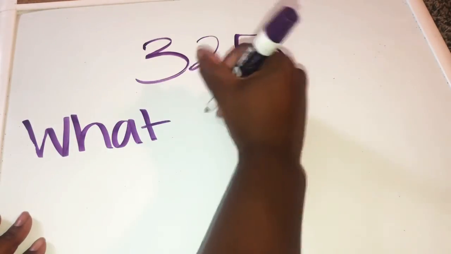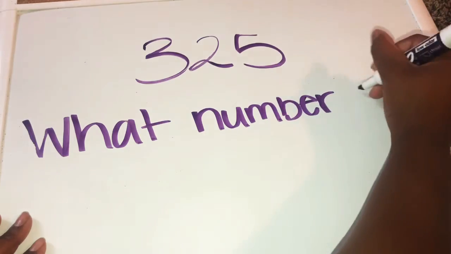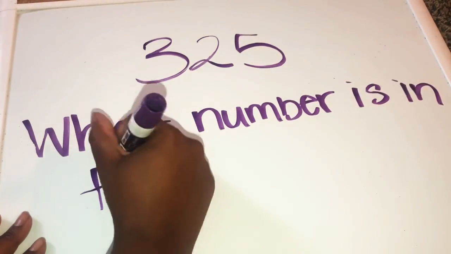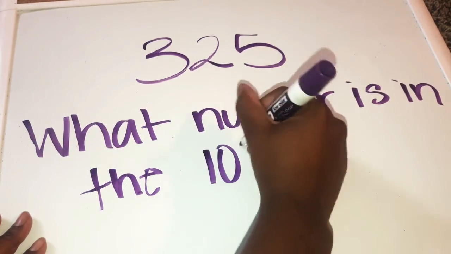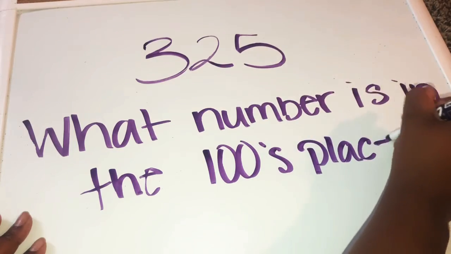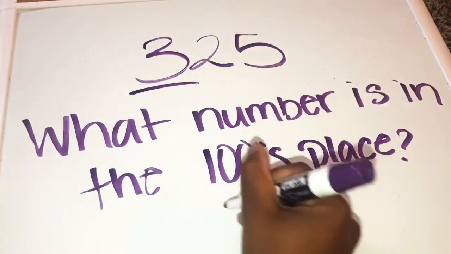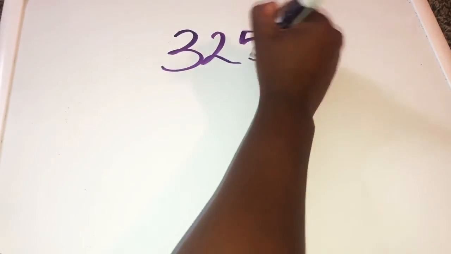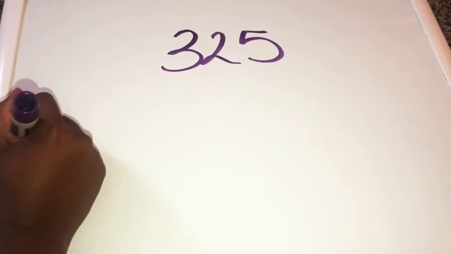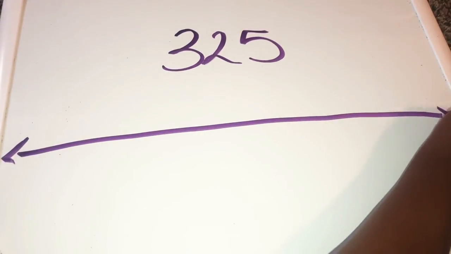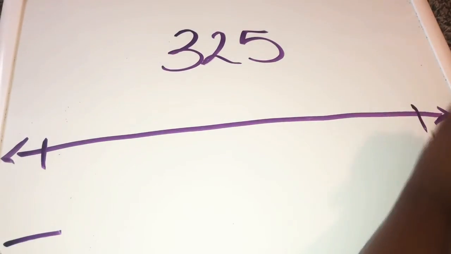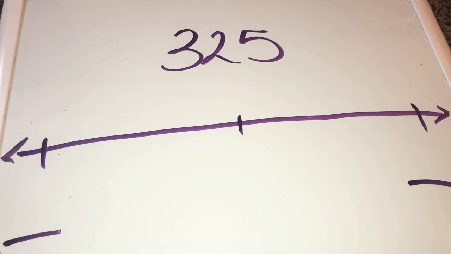What number is in the hundreds place in 325? Three. Now we're going to do the same thing that we did before, and we're going to make a number line to help us round 325. Go ahead and make your straight line, add your 3 tick marks.